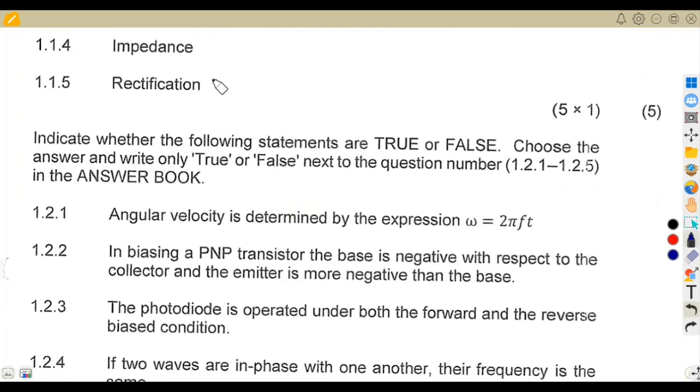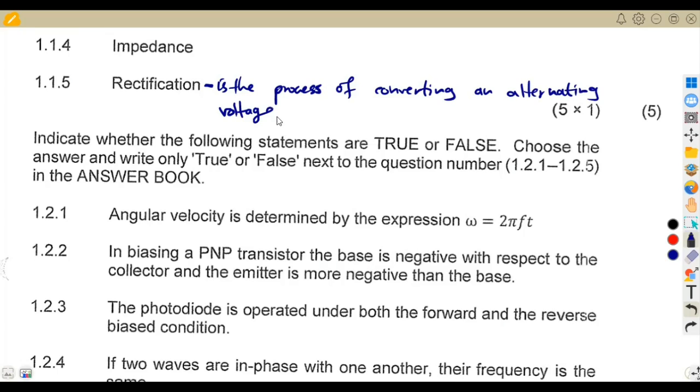On rectification, we understand the process of converting alternating voltage to unidirectional voltage. So this one is from AC to DC. It's a process of converting an alternating voltage to a unidirectional voltage.